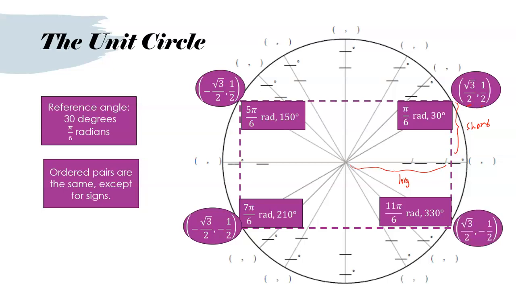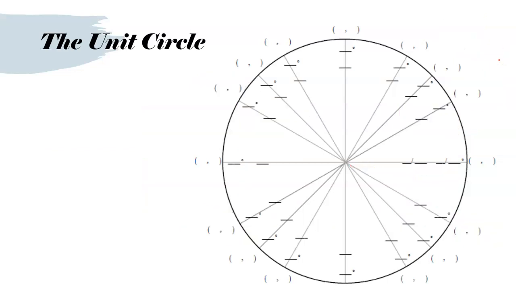And then in the fourth quadrant, the x coordinate is positive because I'm to the right of the y-axis, but the y coordinate is negative because I'm down low. So the long side is square root of 3 over 2, and the short side is 1/2, and then you just have to pay attention to signs.